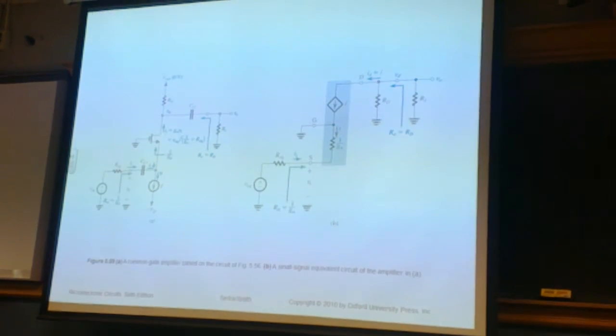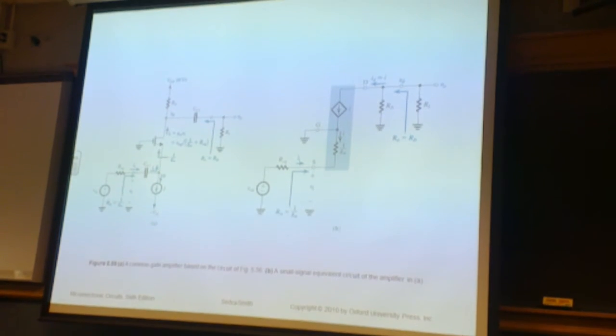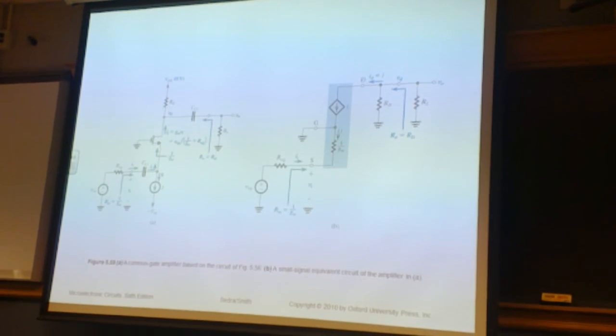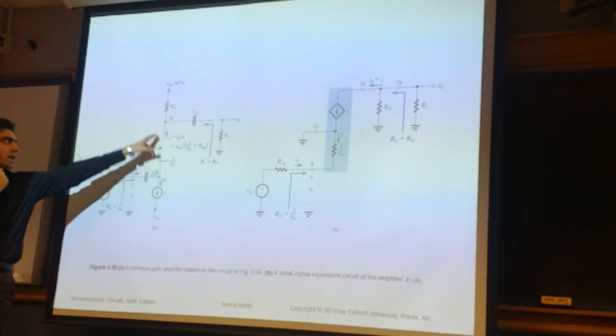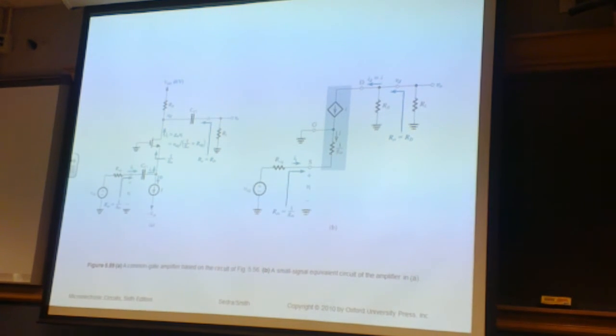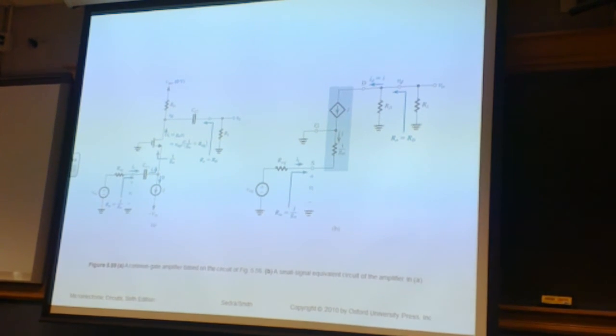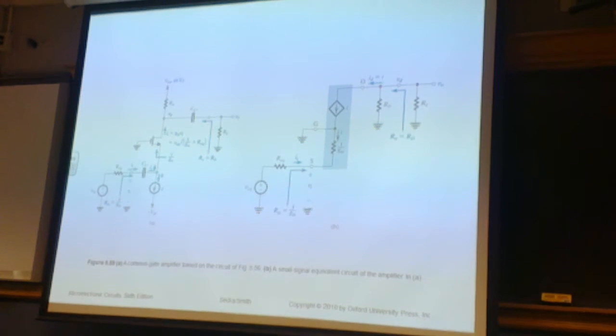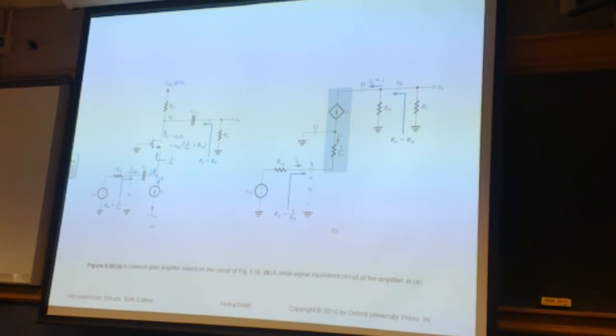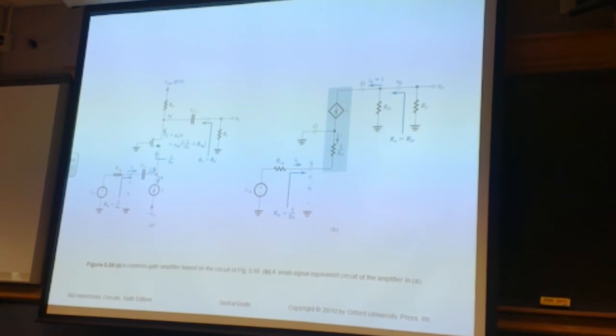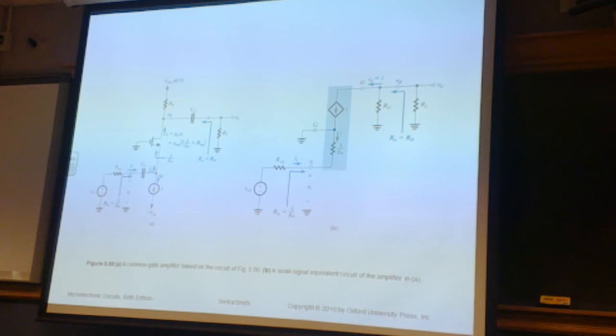Can you say why it's a common gate one more time? Input is connected to the source, and output is from the drain. And gate is just common between the two, not connected to any of them. On a PMOS, the input is still on the source.